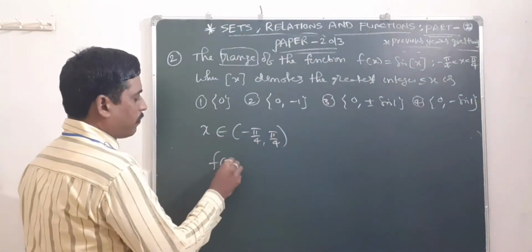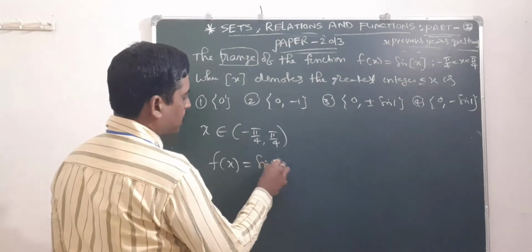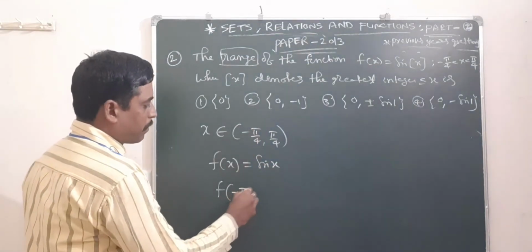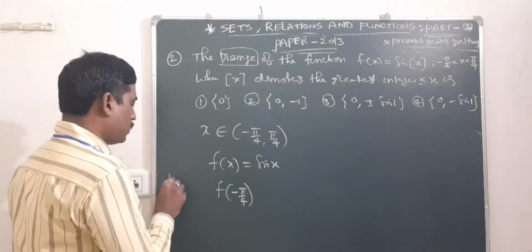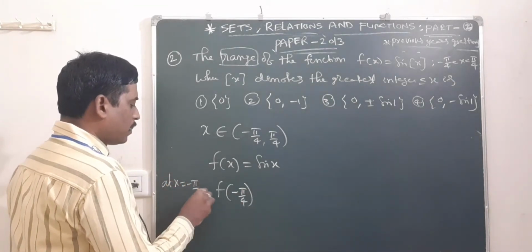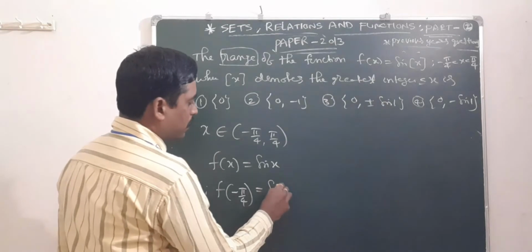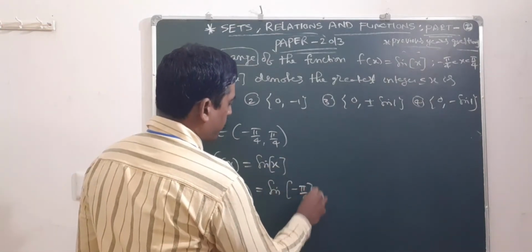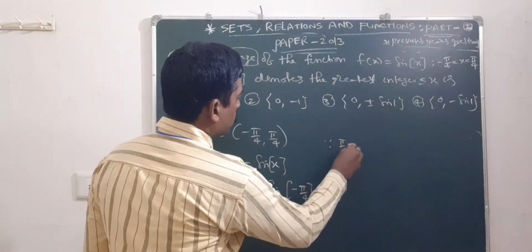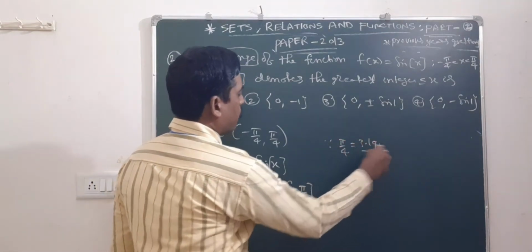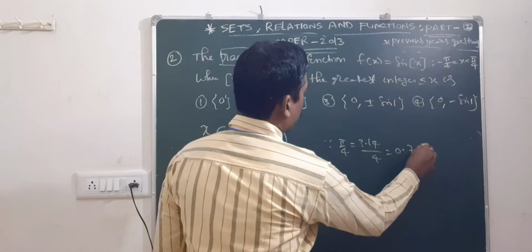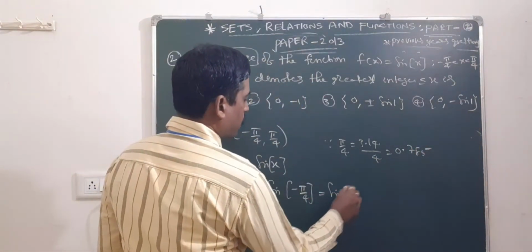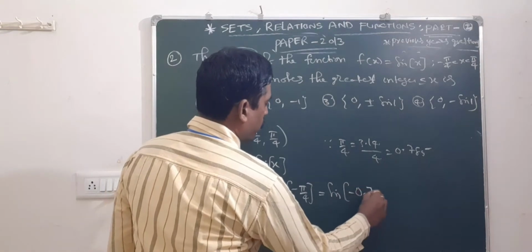X belongs to minus pi by 4 to plus pi by 4, given. We have to find f of x is equal to sine of the integral part of x. So first we have to find f of minus pi by 4. At x is equal to minus pi by 4, this value will be sine of the integral part of minus pi by 4, where pi by 4 is 3.14 by 4, which is equal to 0.785. This is equal to sine of minus 0.785.